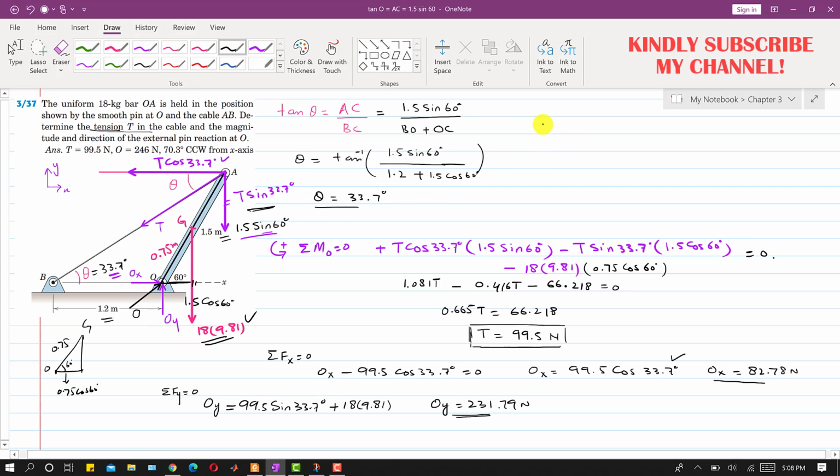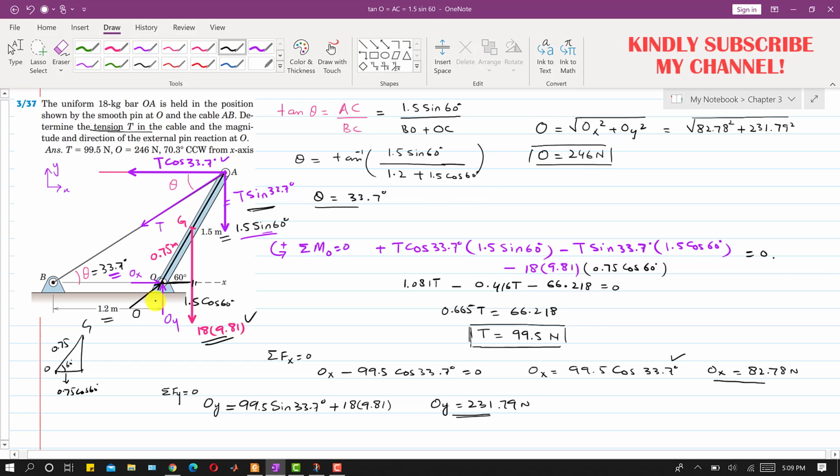Then the magnitude of O will be equal to the square root of OX squared plus OY squared. So OX is 82.78 squared plus 231.79 squared. From this, the magnitude of O will be equal to 246 newtons, right?